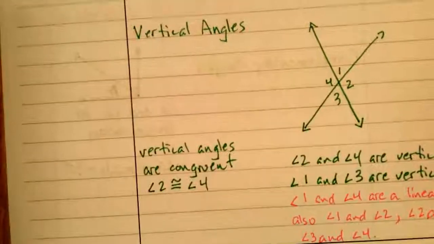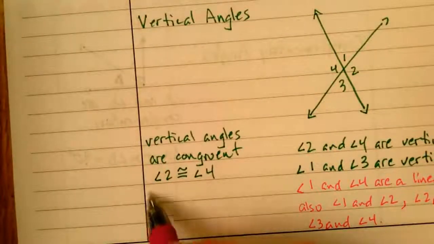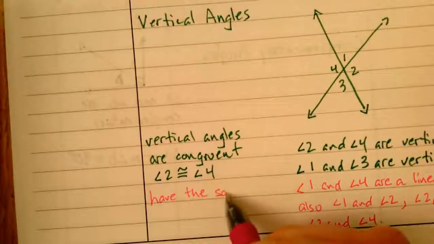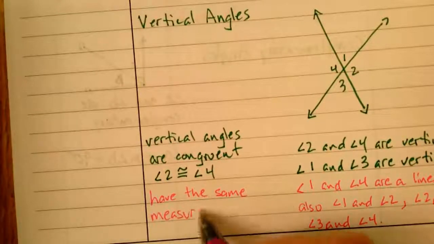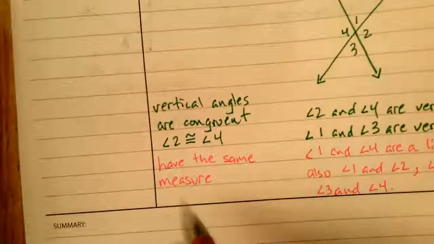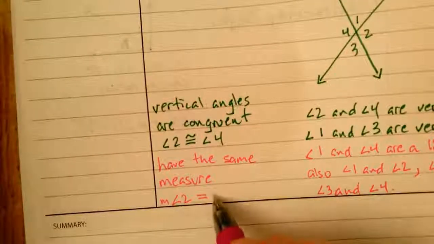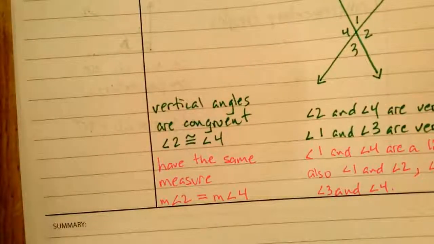We could also say what that means is that they have the same measure. So measure of angle 2 equals measure of angle 4. And we can use all of these properties to solve some problems, which is what I'll do in the next video.